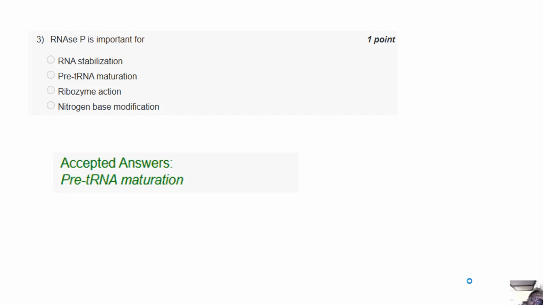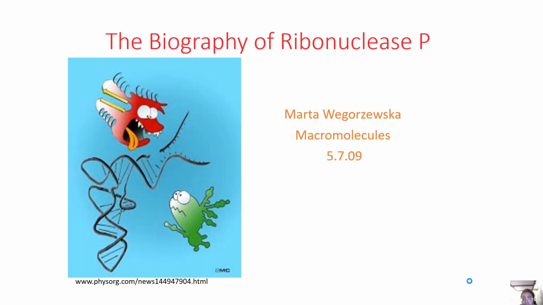So it cleaves the 5' leader sequence from pre-tRNA. It processes the 5' ends of precursor tRNAs and also helps in the maturation of the 5' end of tRNA. It's found in cells from all three domains of life: bacteria, archaea, eukarya, etc. And how it works, we'll discuss in a few minutes.